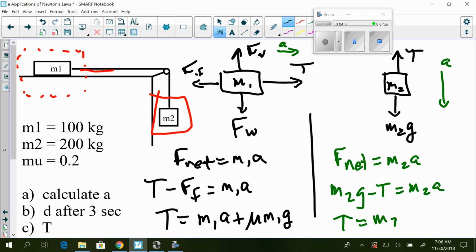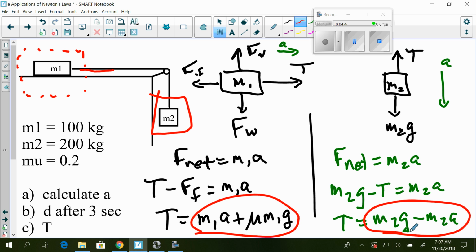Tension equals M2g minus M2A, bringing T over and bringing that back over. And now I can set these two equations equal to each other. So I'm going to set that equal to that and solve for A. The trick to that is just getting both terms with A on the same side and then factoring out the A.